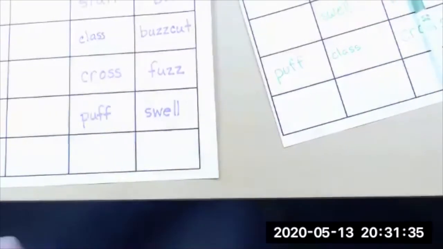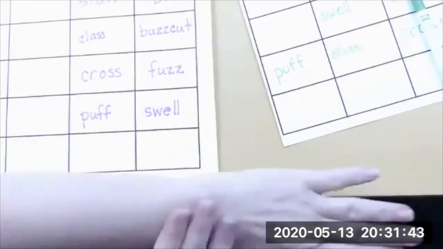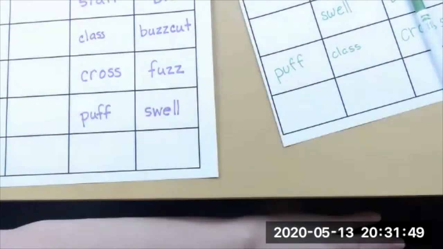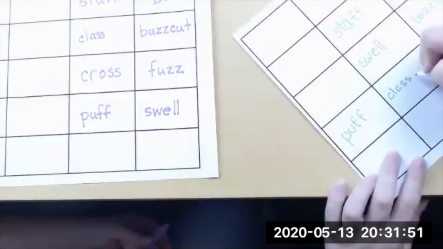Class. Classmate. Mate is the second. And that last sound goes on your wrist. Mate. Yeah, mate. What do you hear first? Okay, go ahead and write that.